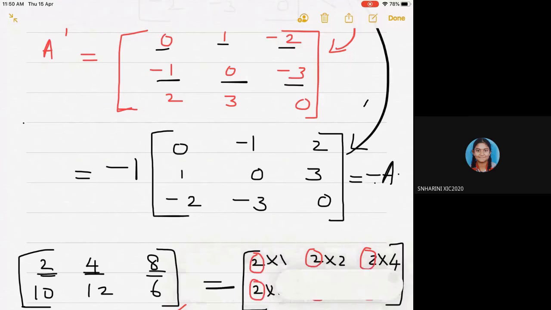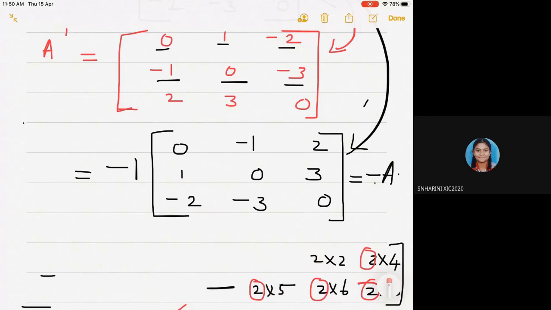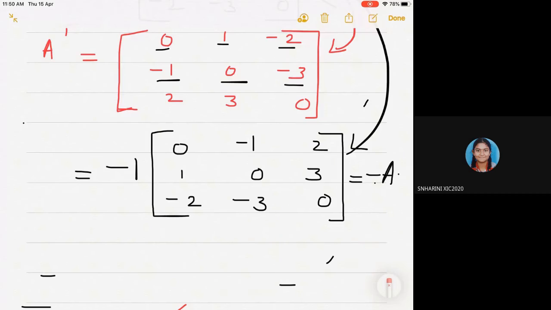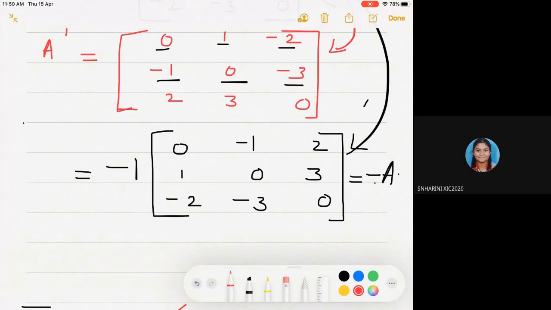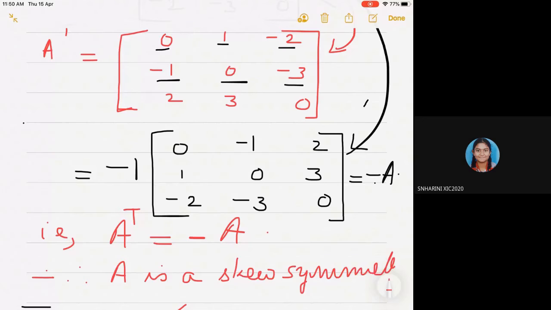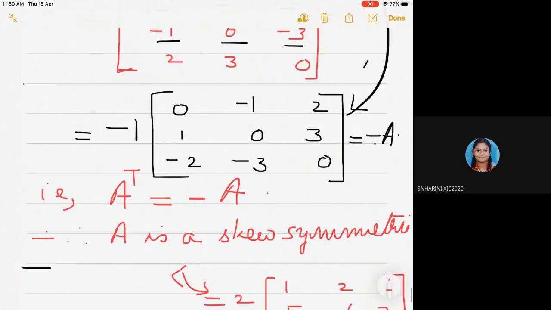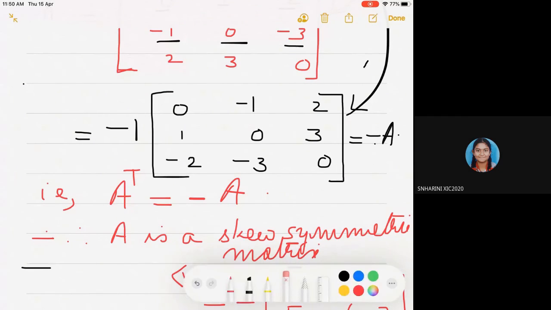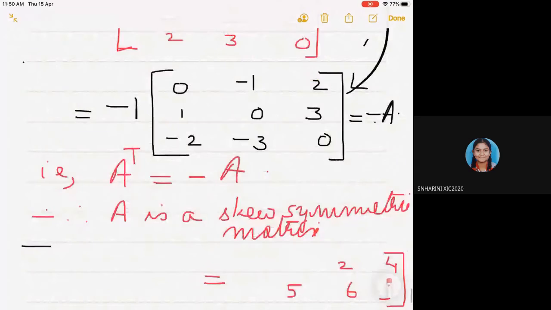Therefore, A is a skew symmetric matrix. Please write this, children.